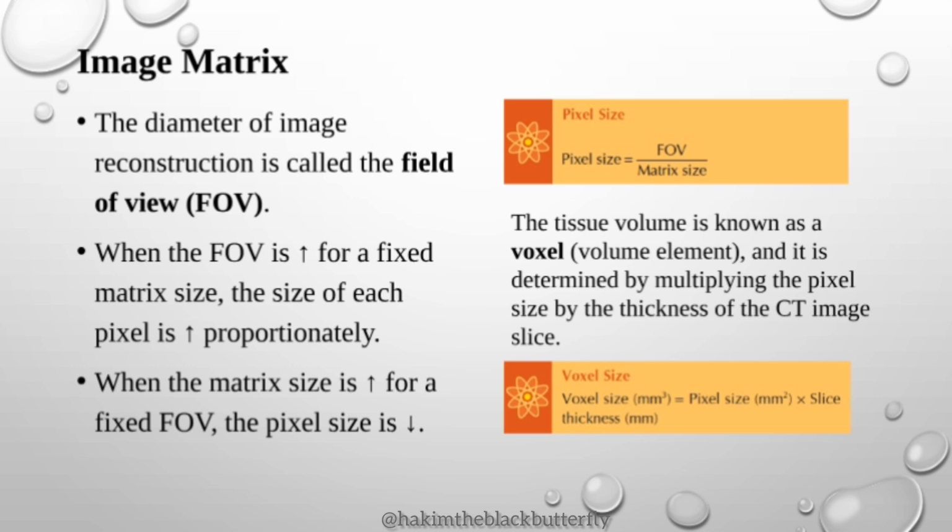That will be your field of view. That means if a matrix is 512 by 512, instead of using it to display the entire slice where the kidney is, you can use the same matrix and display only the kidney by limiting the field of view to only the kidney.